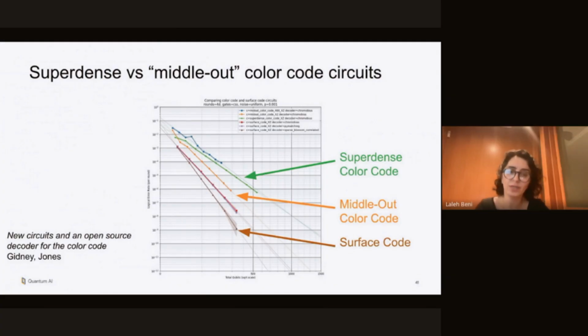Another example is from this plot that we got from the paper from Craig Gidney and Cody Jones on the new circuits. In this paper, the Chromobius decoder is introduced, and one of the conclusions was that middle out color code is doing a better job compared to the super dense color code.